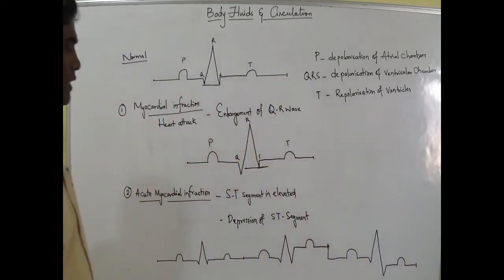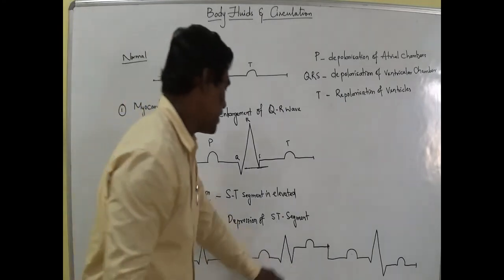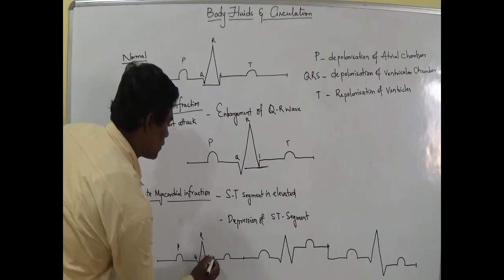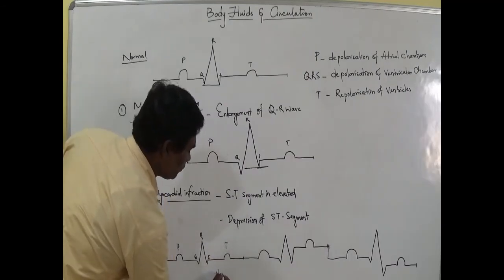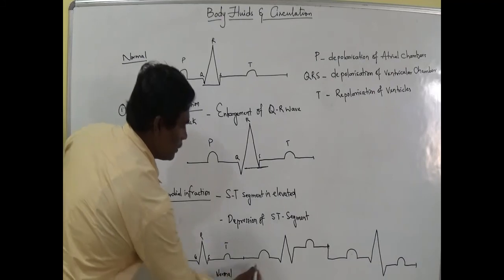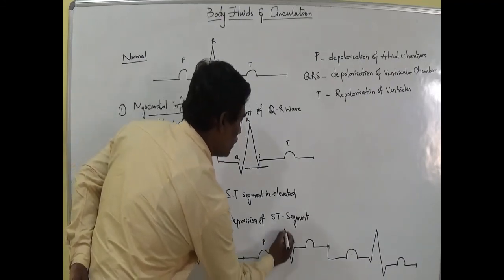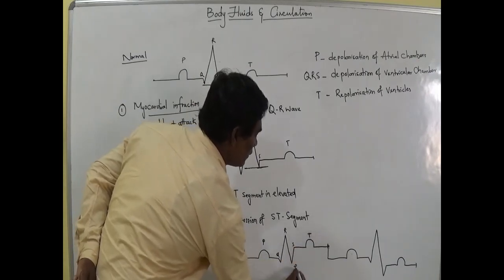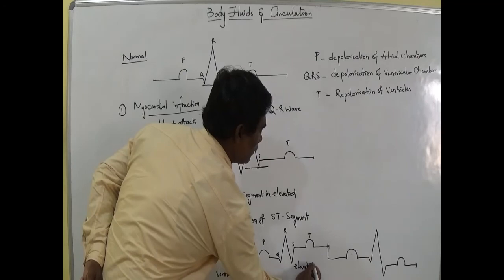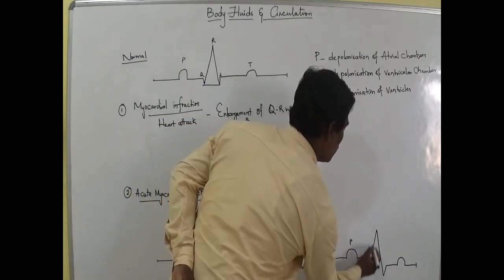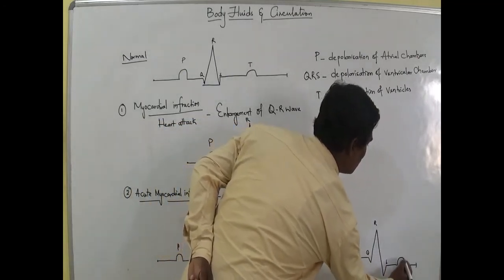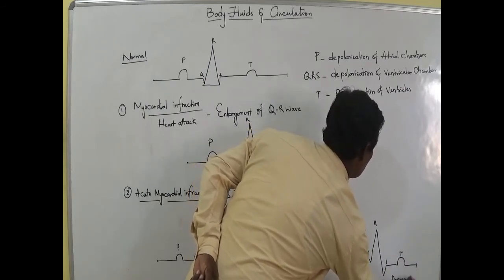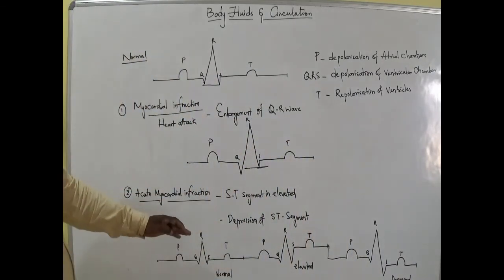So an abnormality in the formation of the ST segment is seen. If it is P, Q, R, S, T, this is a normal one. In the second case, P, Q, R, S, T elevated. P, Q, R, S, T depressed.